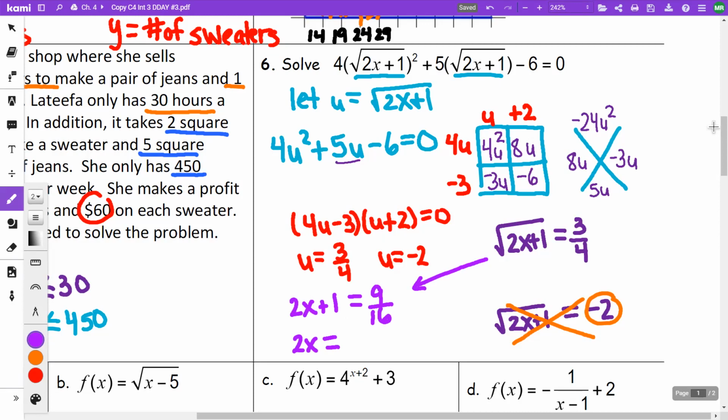And when I subtract 1 from 9/16, I get a negative 7/16. I'm going to divide by 2. And when I divide by 2, I really can times by a half. I'm going to get a negative 7/32 as my answer.